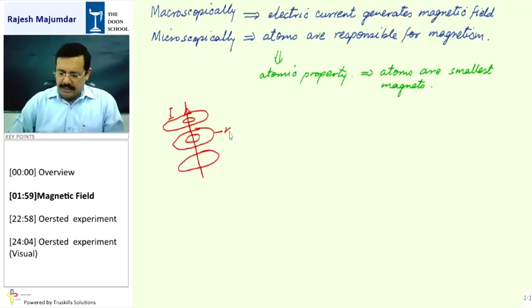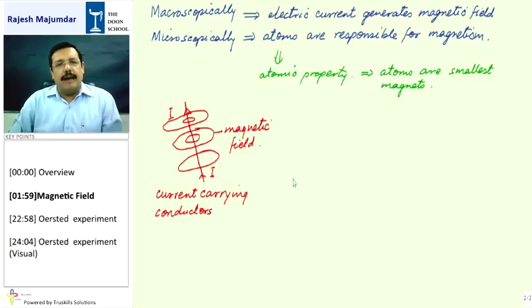So this is the magnetic field. This conductor is carrying current, suppose I. So current carrying conductors create magnetic field.